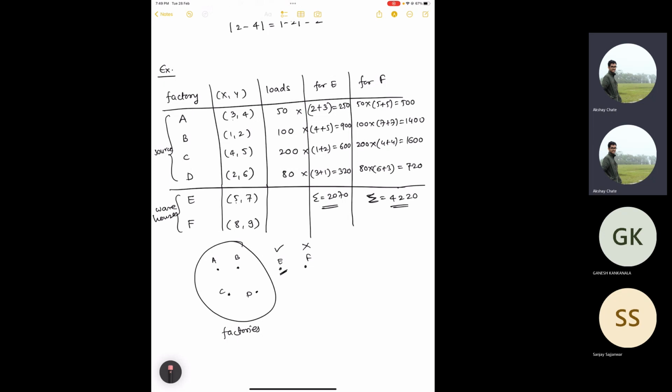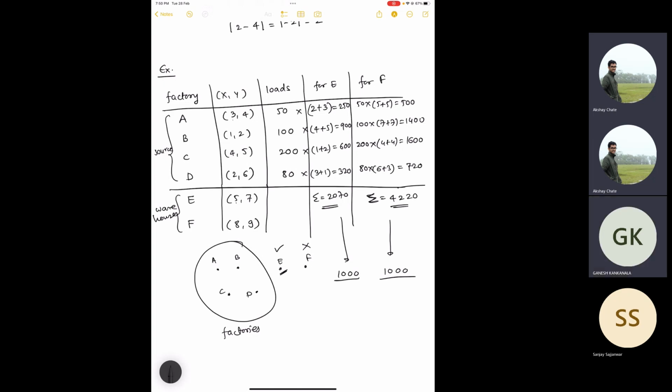You did these two summations, for E and for F. In the earlier case we got 4,000 something and 2,000, so we clearly knew that E is the better choice. But now, let's say you did all the calculation and got 1000 as the summation for E and 1000 for F. Now what will you do? Tell me.